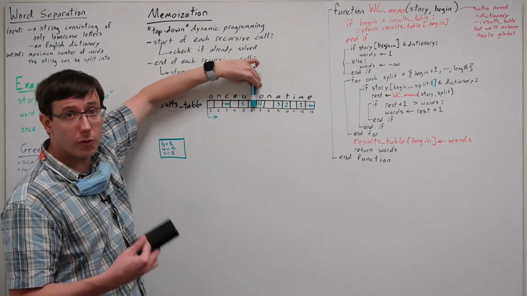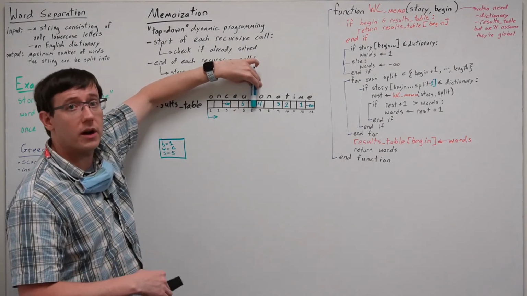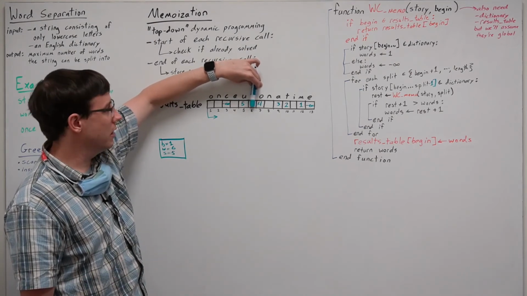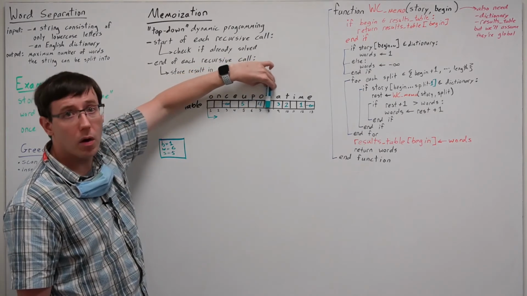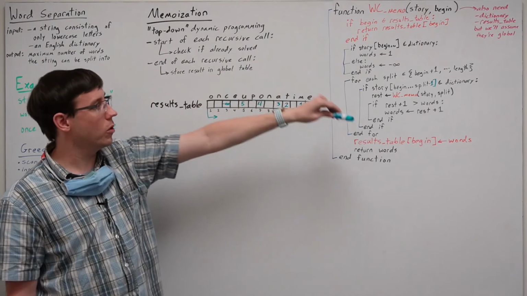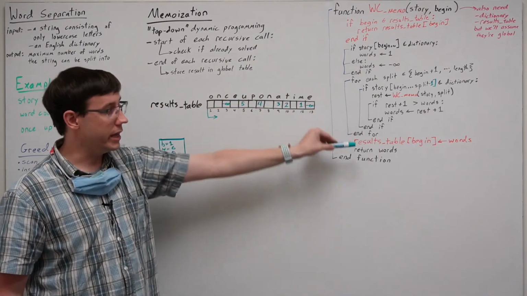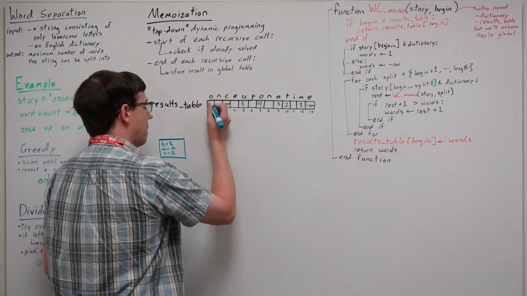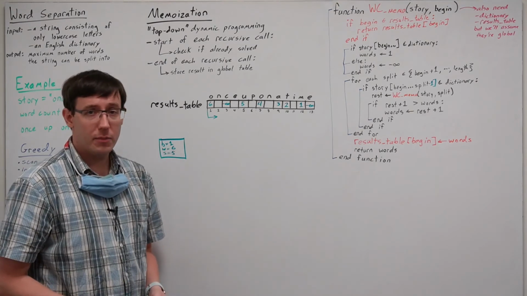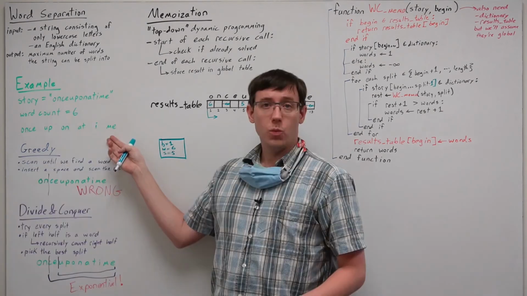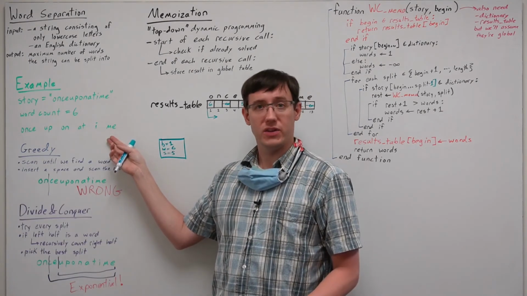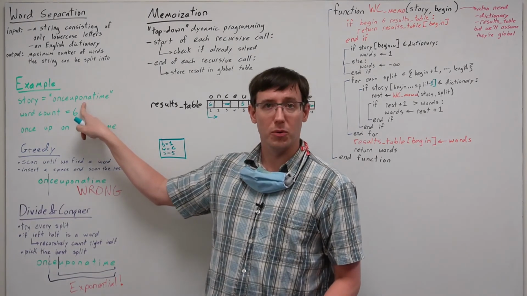We continue our for loop at this level, looking for additional words from the start, but once a, once up, once a po, and so on are not valid words, and so we'll eventually reach the end of our loop, store the result in the table, and return a word count of 6, which, as we saw, is the best answer for our example problem.